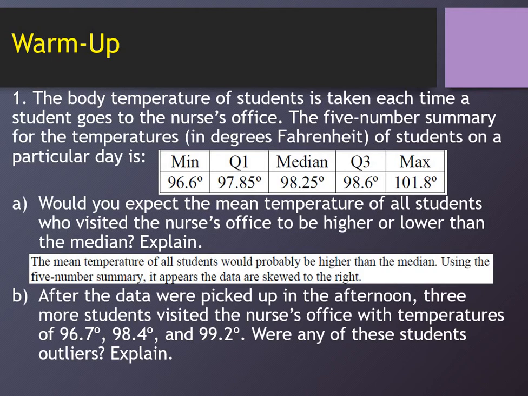So after that data was picked up, 3 more students visited the nurse. Temperatures 96.7, 98.4, 99.2. Were any of those students outliers? Yes? Which ones? 96.7 was an outlier? Was the 98.4?